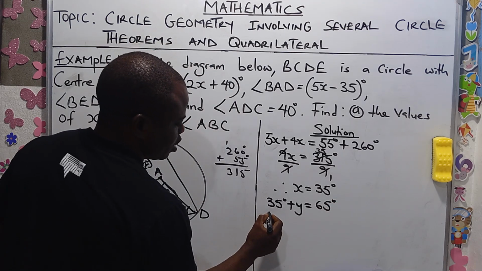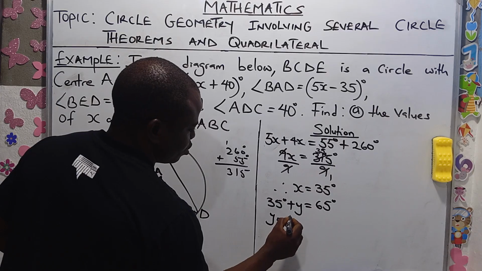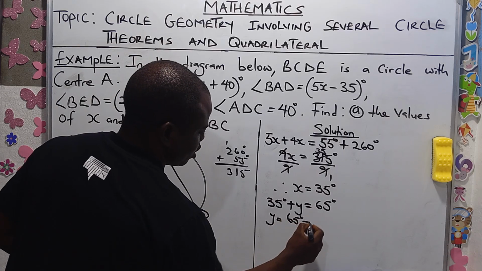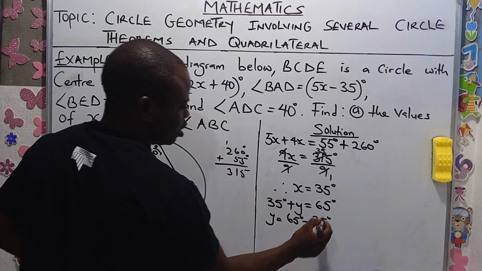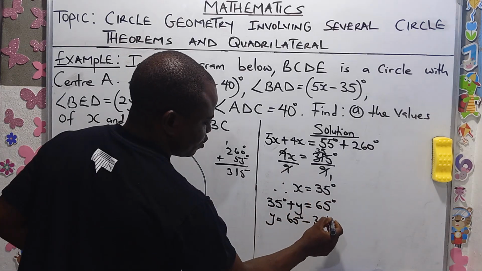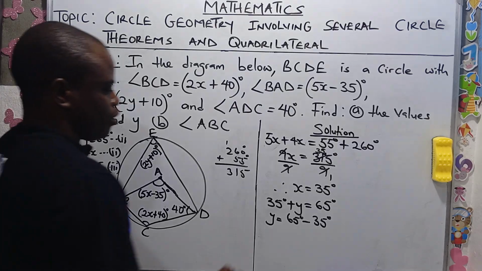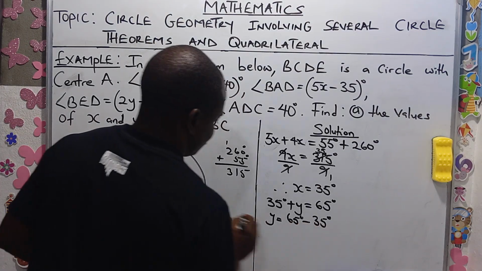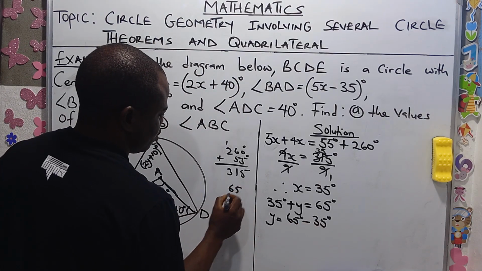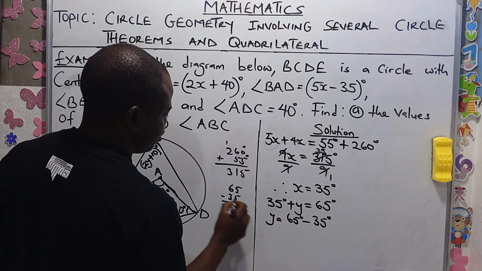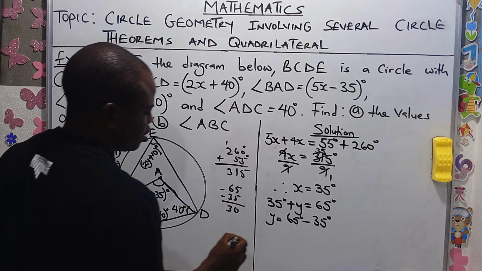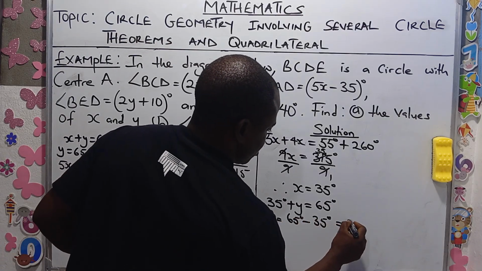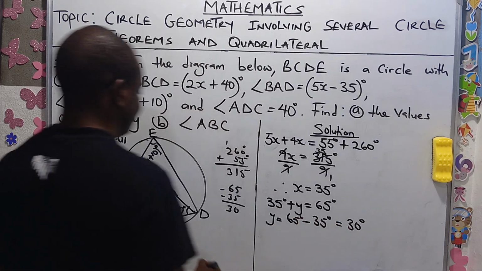Now, collect the terms. You have y equals 65 degrees minus 35 degrees. When 35 crosses the equals sign, it turns from positive to negative, so it is 65 minus 35 degrees. 5 minus 5 is 0, 6 minus 3, that's 3. That's y equals 30 degrees.